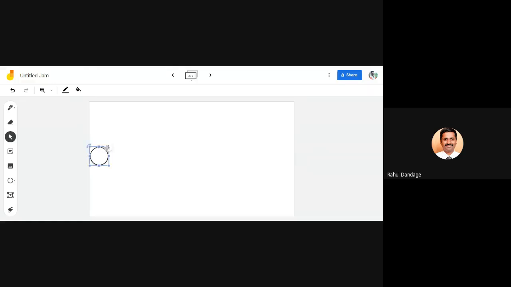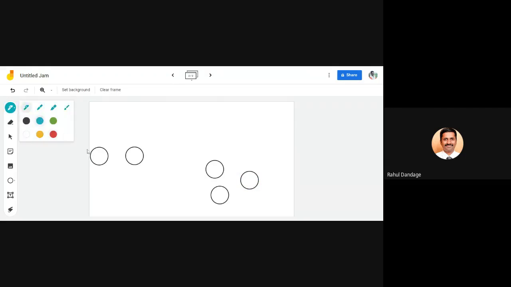Means I can simply have one more event like this. I'm just putting some more events for further use. And now I will connect these two activities, two events.